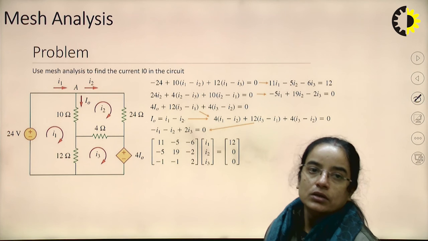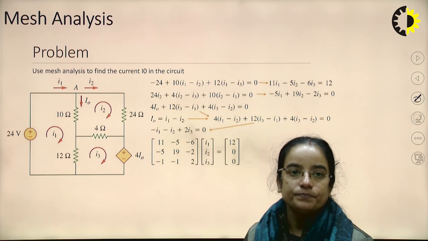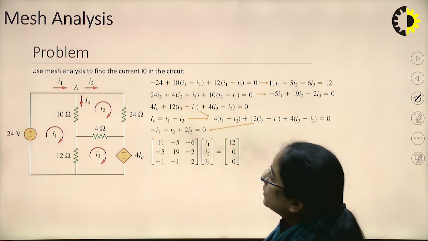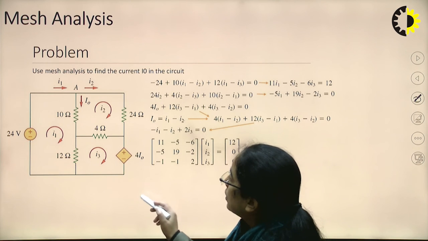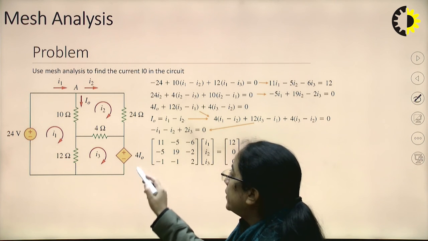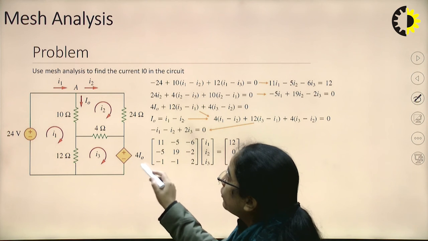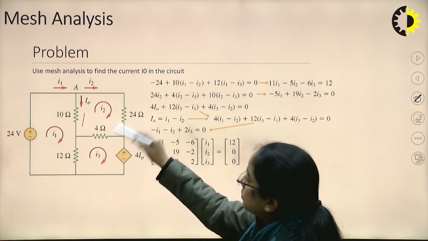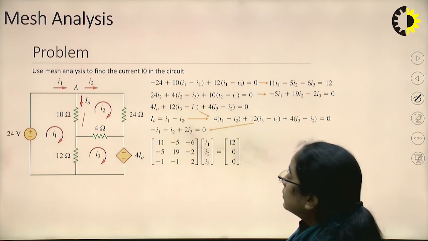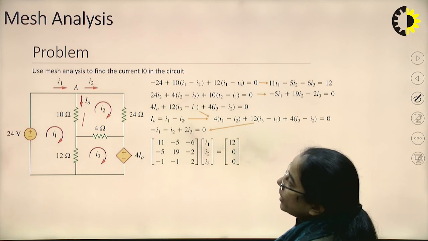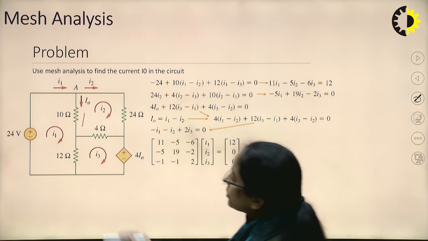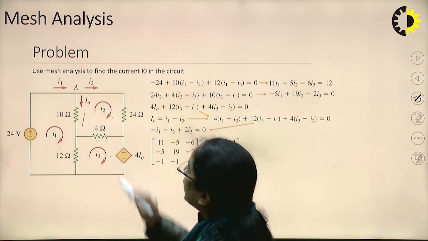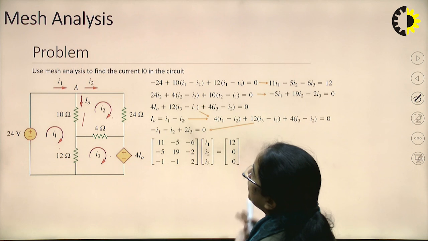Again, here is another example. This is the current dependent voltage source. I0 is the current through this resistor. In this example there are 3 meshes, so we assume the 3 mesh currents I1, I2 and I3. Now we will write the mesh equations.